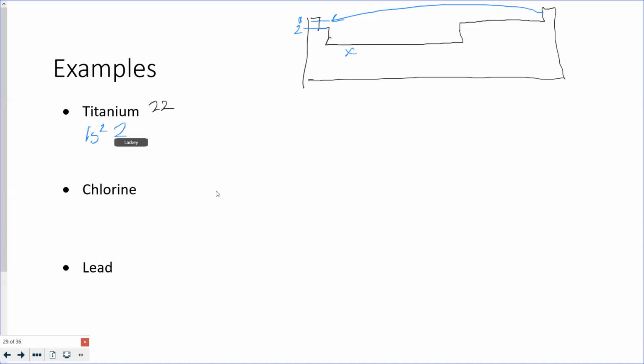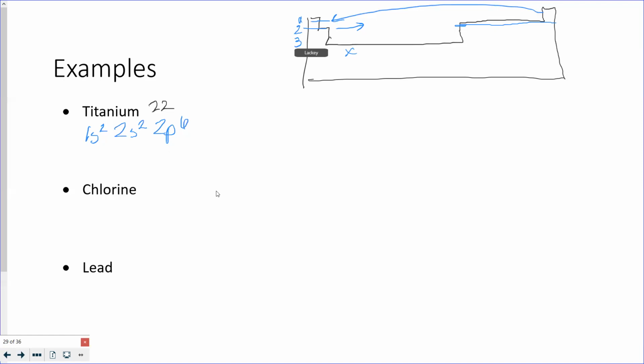So 2S, which is 2 elements wide. So that's 2S2. Going straight across on the second row, there is a P block as well. So we would go all the way through there. That's 2P, and the P block is 6 elements wide, which is why it can hold 6 electrons. That would be the entire second row.